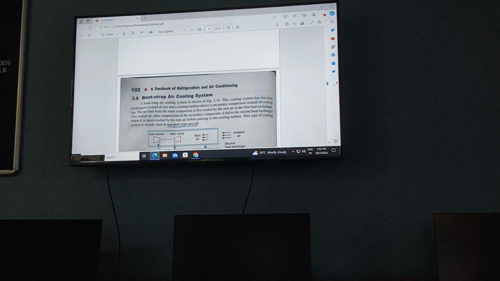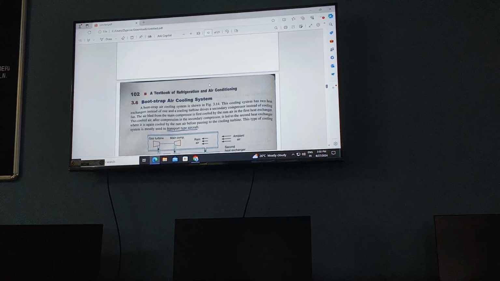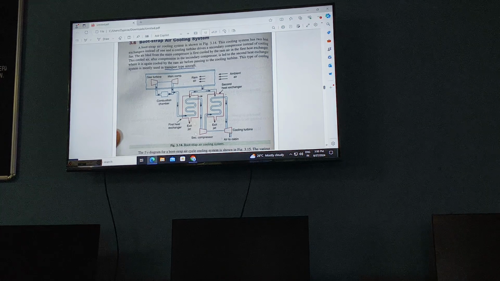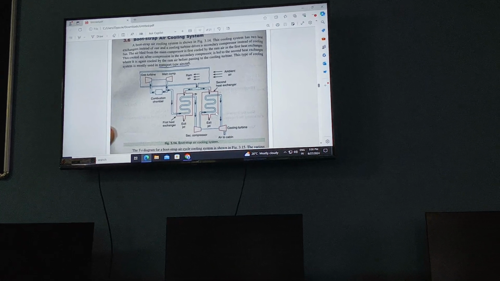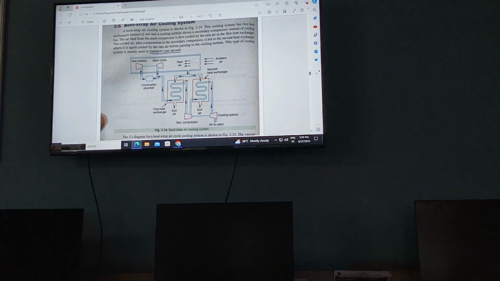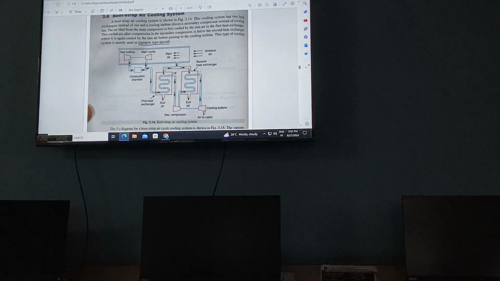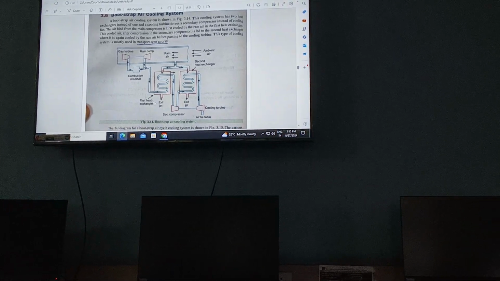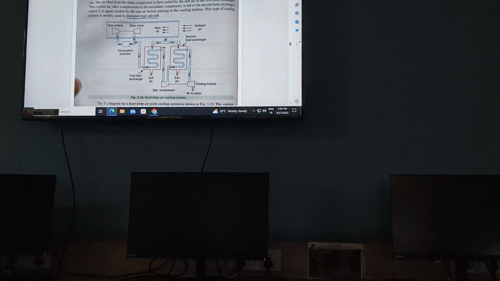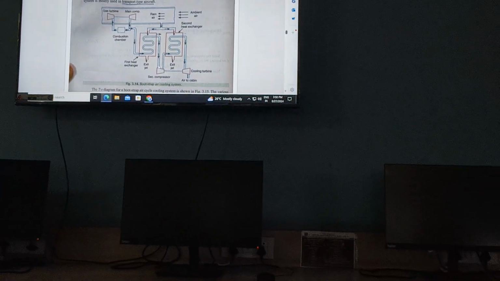Now, as with the simple air cooling system, similar things are there. In the bootstrap air cooling system, we are using 2 heat exchangers and 2 compressors. Okay. Now the process in short. First, air is compressed in the main compressor, sent to the first heat exchanger, temperature reduced, again sent to the second compressor.